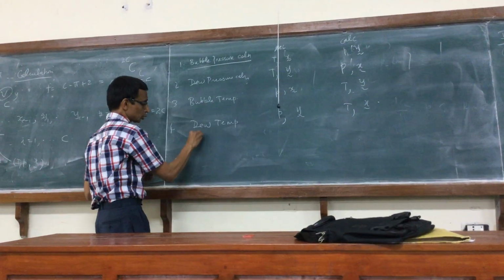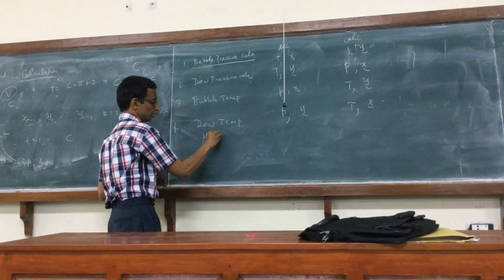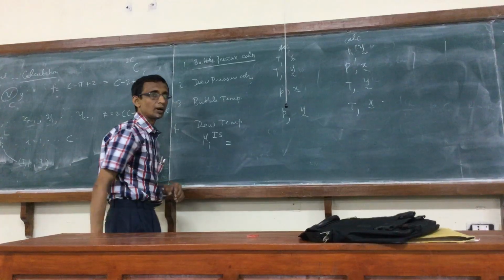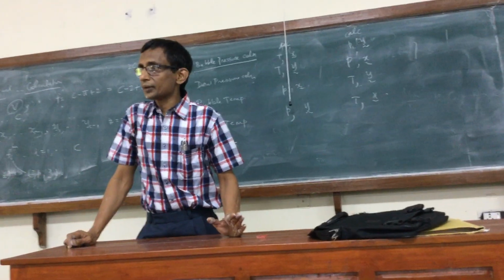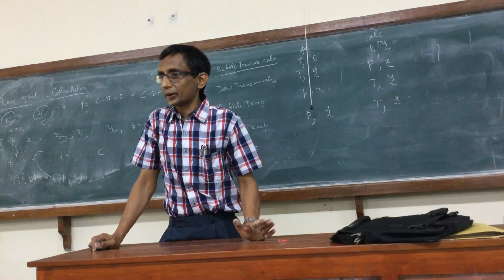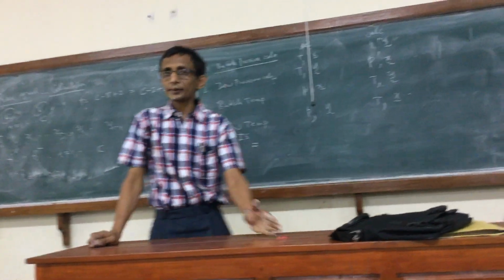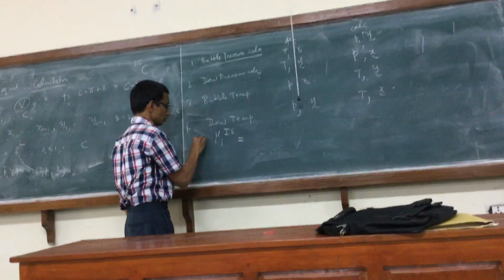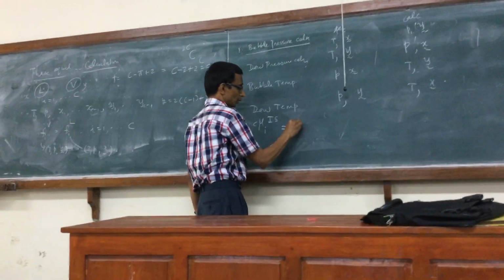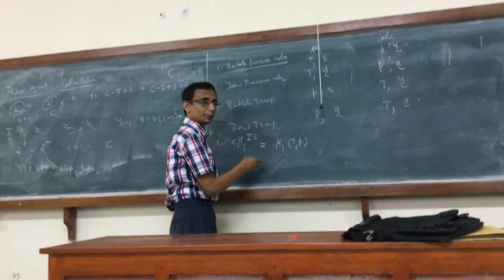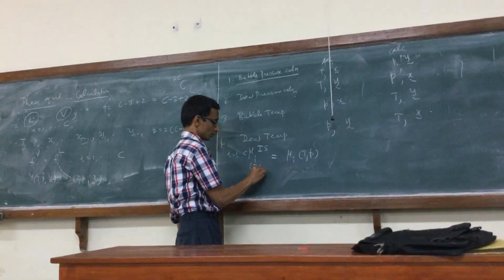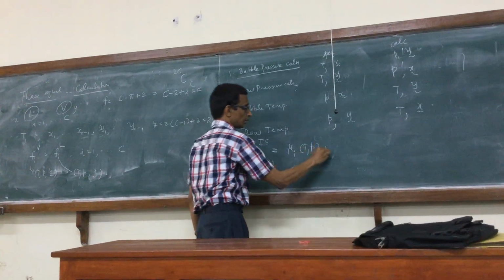We defined it through the chemical potential. A mixture can be called an ideal solution if the chemical potential of the ith component is given by the chemical potential of the pure component I at the same temperature and pressure, plus RT.